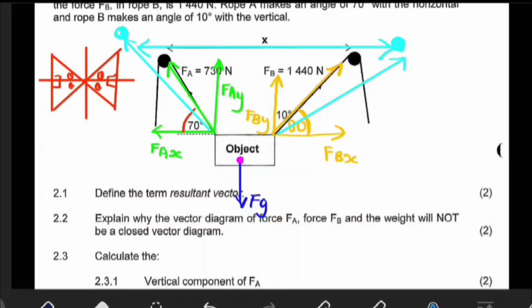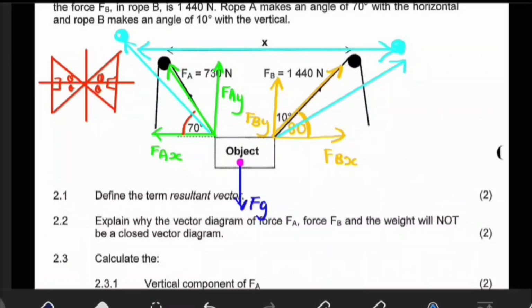So since the y components of the forces decrease when the distance x is increased, remember your y components are acting up. They are responsible for lifting up the object. So if they are going to decrease, they cannot lift up such a big weight. So they'll still be able to lift up some weight, but not the maximum weight that we calculated.